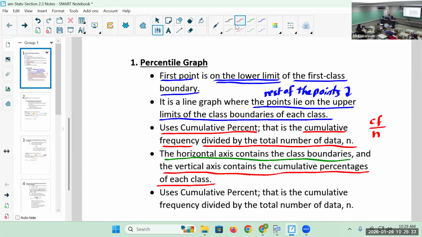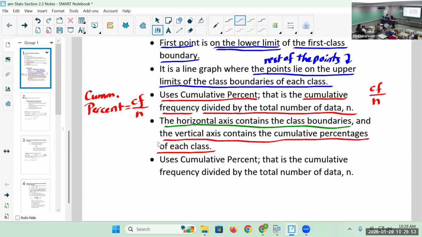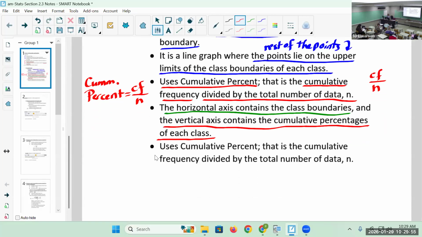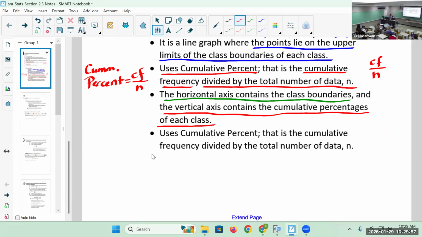So I'm going to write this over here again so you realize the cumulative percent is the one that is equal to the cumulative frequency for a particular class divided by N. So this percentile graph is really a graph about the cumulative percent. And I just reiterate the same thing.